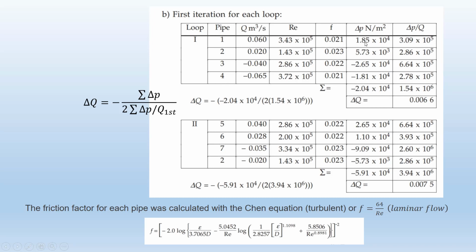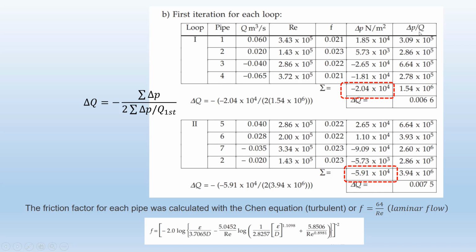You can write delta P_i equals plus or minus C_i f_i Q_i squared, correct? And then you can find the delta P. Again, the sign for the delta P and Q are the same. Now you have the delta P. You can calculate the sigma delta P. This is the sigma delta P, correct? For both of these two loops.